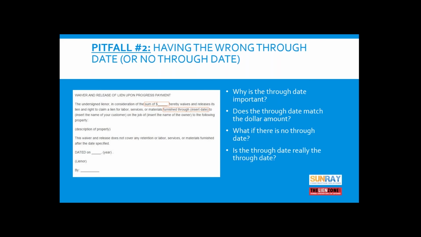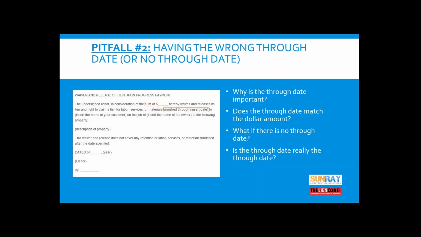So you have to be very careful about that. Next, you have to make sure that the through date is really a through date for the materials and services you're providing. So let me give you an example. We had another client who had a release which had a through date, but the through date, if you read the document, was the date in which the person that was giving the release verified that he paid all his bills through.